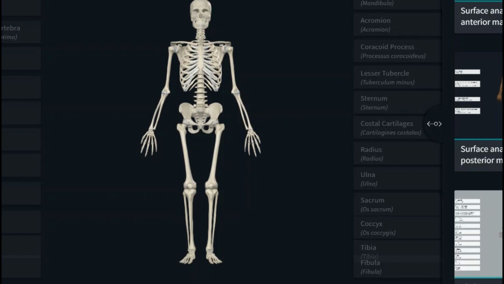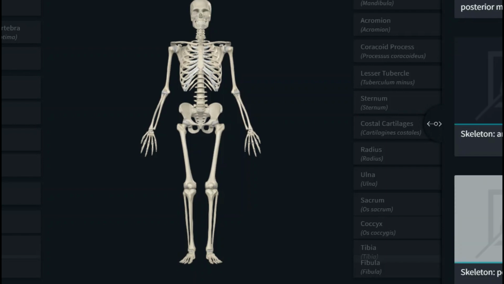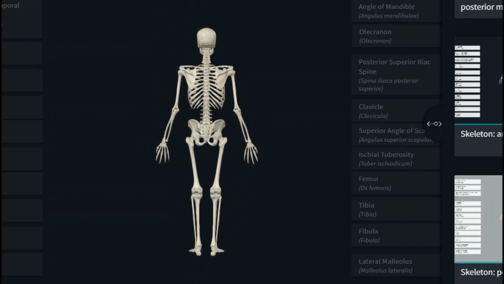We will discuss them in small videos in the other bones lectures. Apart from that, this is the skeleton on the anterior side. If you see the posterior side, it will look like that. This is the posterior view, and you can see the scapula on the posterior side.